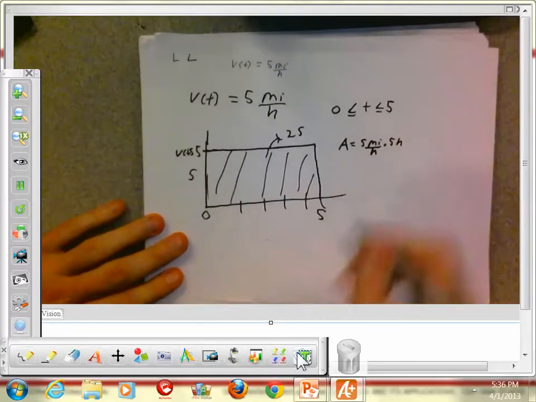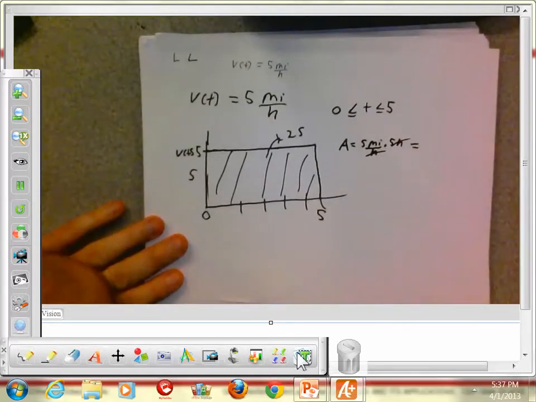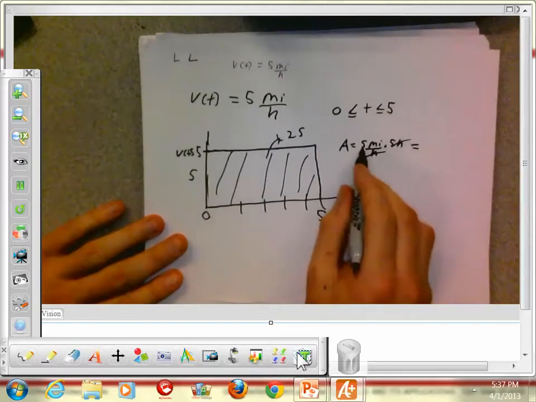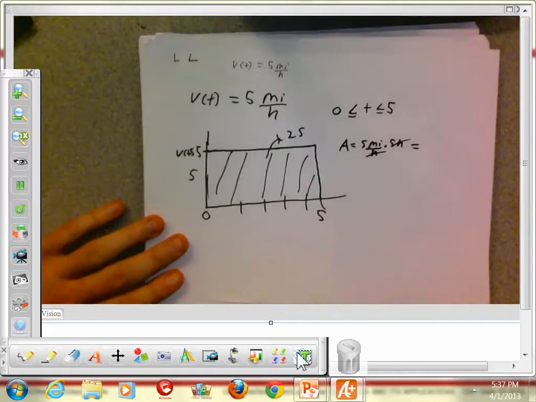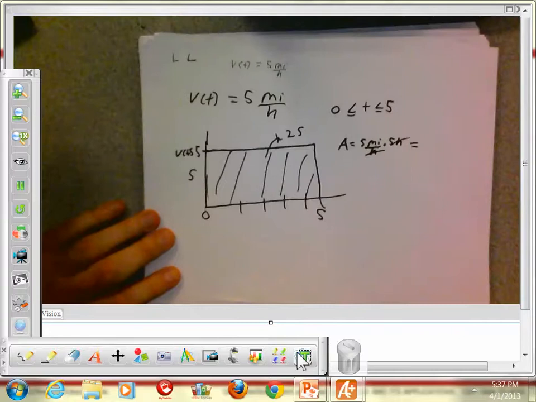If we cancel the hours, what do we wind up with? Not 5. We have 5 miles per hour times 5 hours, which is 5 squared miles, which is what? 25 miles, right? Okay.